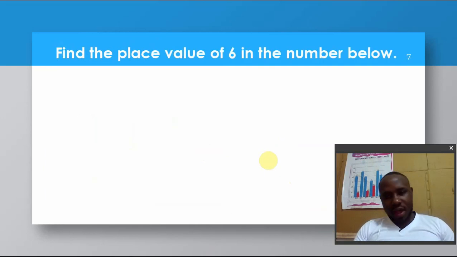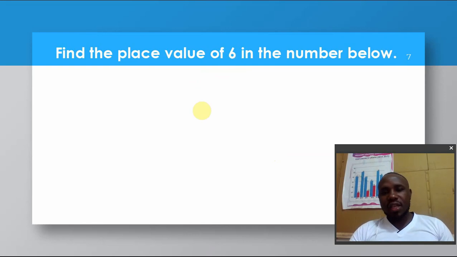In example 5, they can ask you to find the place value of a given digit. They can give you very many digits, and they only ask for only one. In this case, they want us to look for the place value of 6.